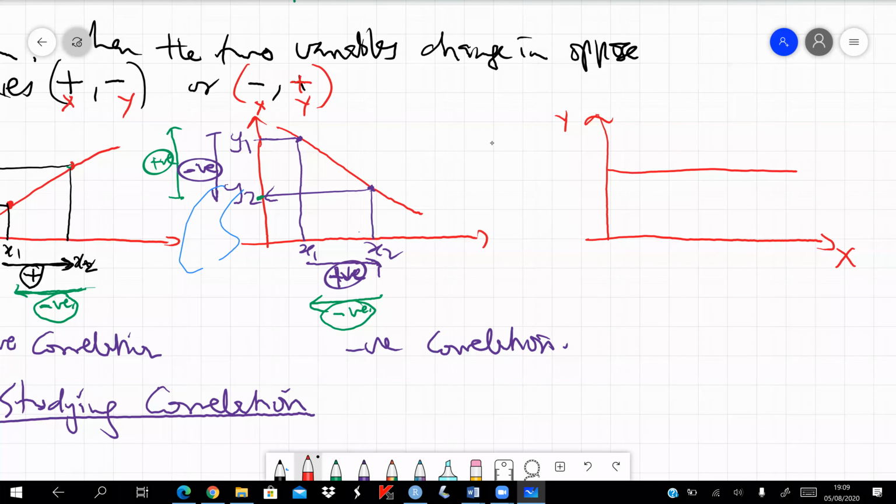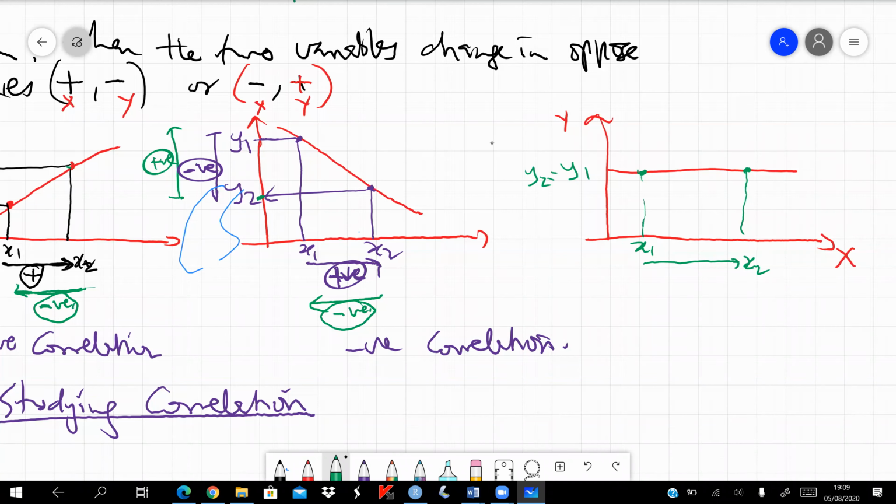So let's see what happens. I pick a point here, x1, and this is your y1, so that's the point x1, y1. Then I have another point here. If I increase x to this point, x2, what happens to y2?